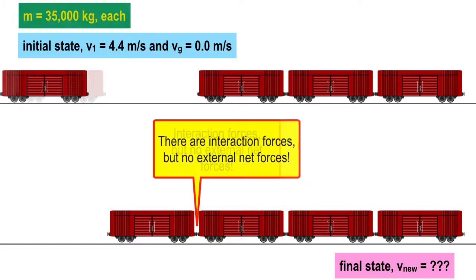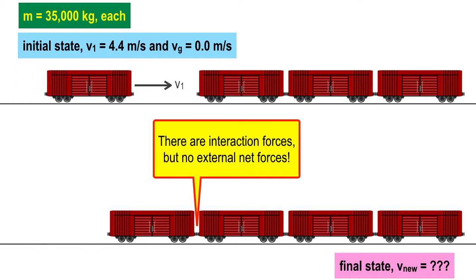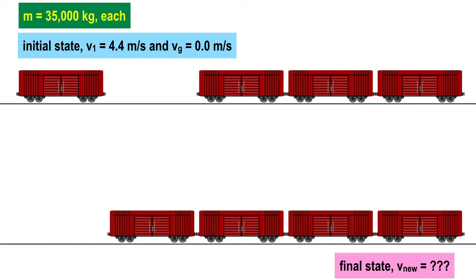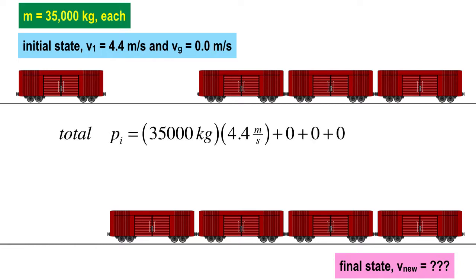So our boxcar moves with a little bit of speed, V1, and that's going to give us some momentum. Let's write down the total momentum before the interaction. This is initial momentum, with subscript i. We're doing p equals mv for the first, second, third, and fourth boxcar.